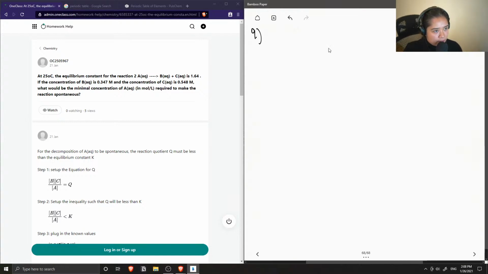Okay, so let's write down this equation. We have 2A aqueous reacts to make B aqueous plus C. And we also know that the equilibrium constant is 1.64.